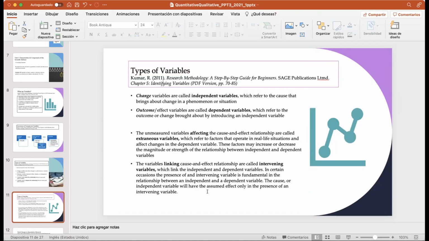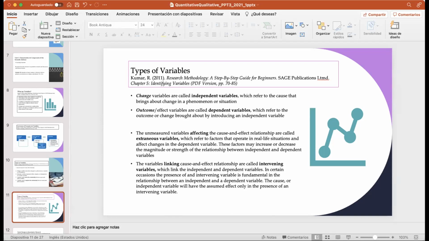But in the middle, he explains, between the independent variable and the dependent variable, you have lots of intervening variables. There are other variables in the middle that also help, support in some way the effect in the dependent variable.